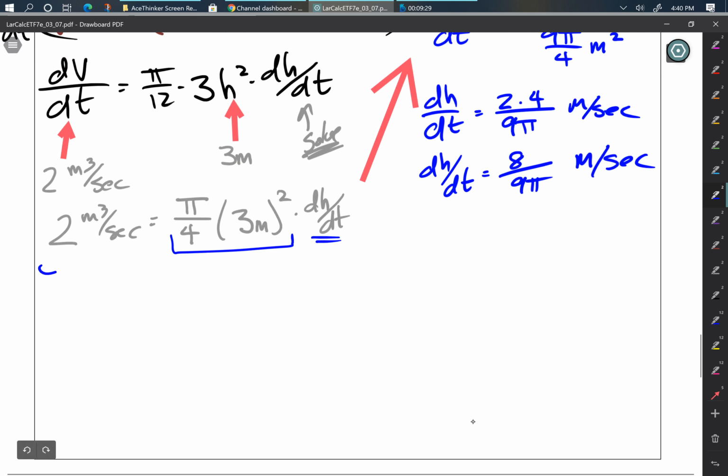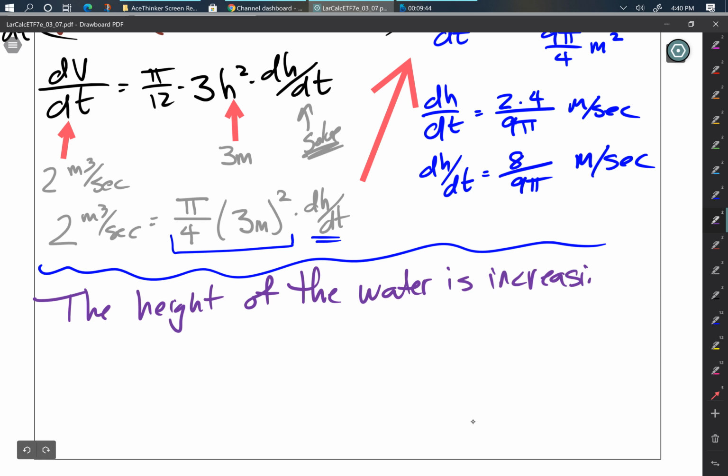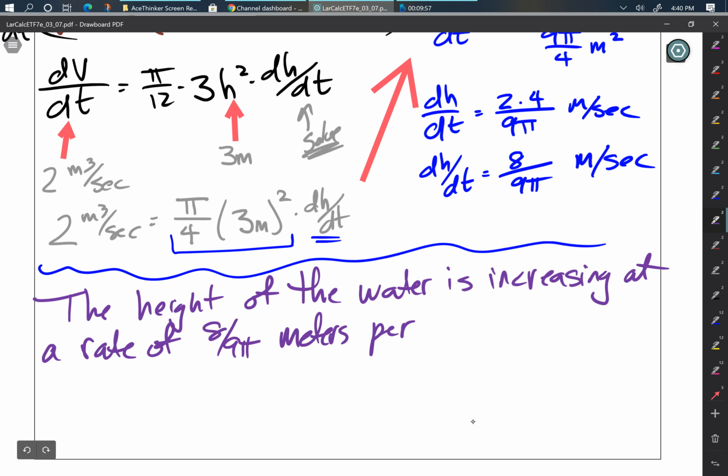Right? Or, wrapping it up, making it look pretty, writing it as a sentence: the height of the water is increasing at a rate of 8 divided by 9 pi meters per second.